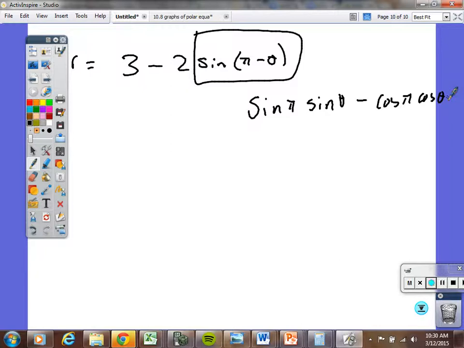It's been a while. I'm not expecting you to do it right now; I haven't done it for a while. This needs to be sine of pi cosine of theta minus cosine of pi sine of theta.